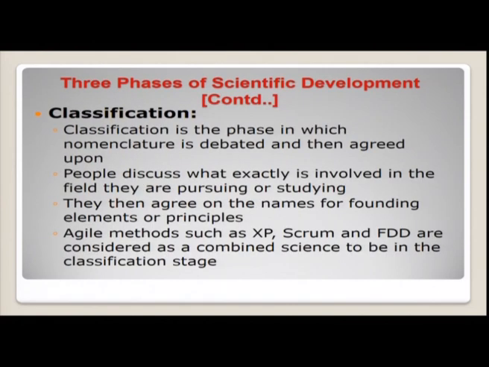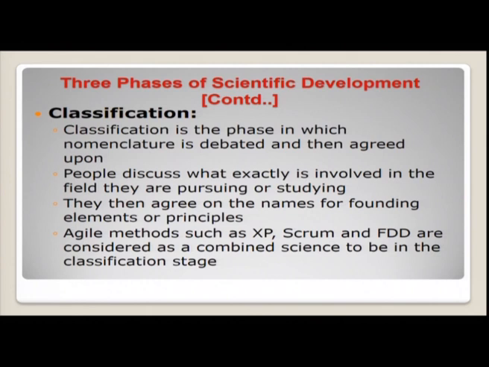Classification is a phase in which nomenclature is debated and then agreed upon. People discuss what exactly is involved in the field they are pursuing or studying. They then agree on the names for founding elements or principles.